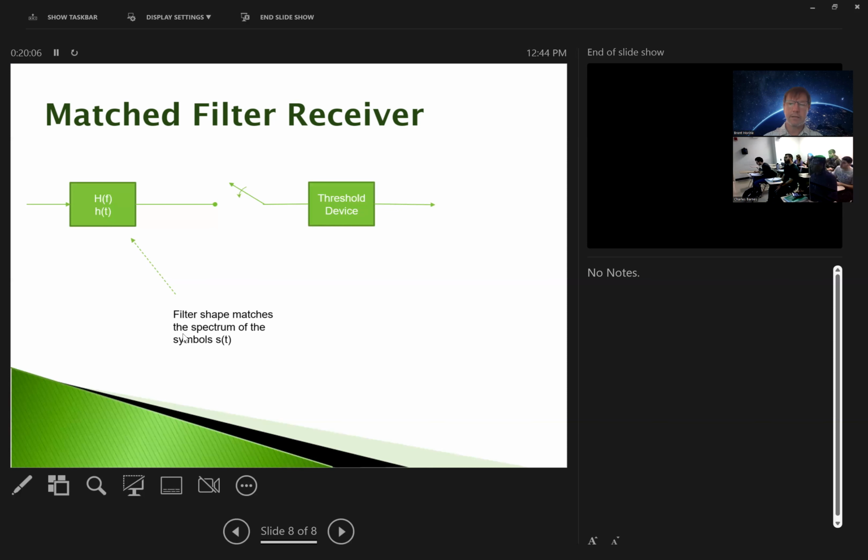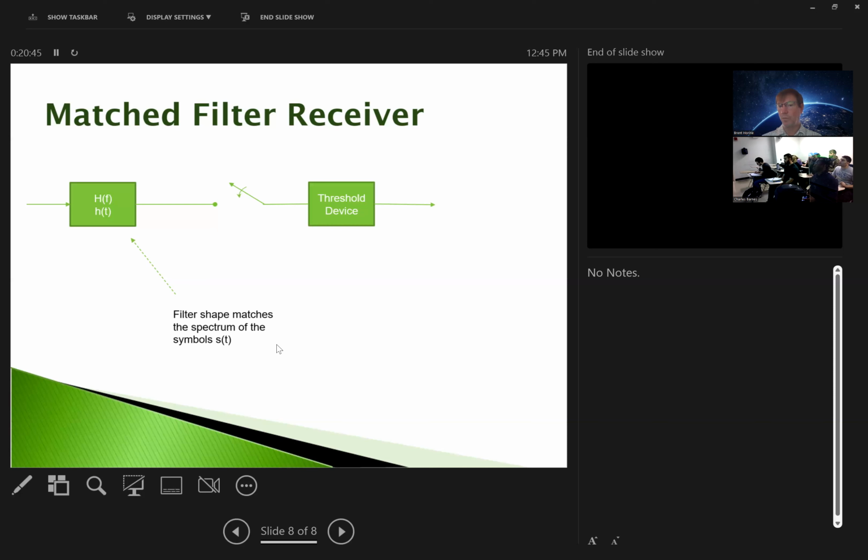This is interesting here because, in a hand-wavy kind of way, what we're trying to do here is filter out the noise in such a way that we do the best job of filtering, getting rid of noise without getting rid of signal, right? Because at the end of the day, what matters is signal to noise ratio. If we have stronger signal, our job's easier. If we have smaller noise, our job's easier, right?